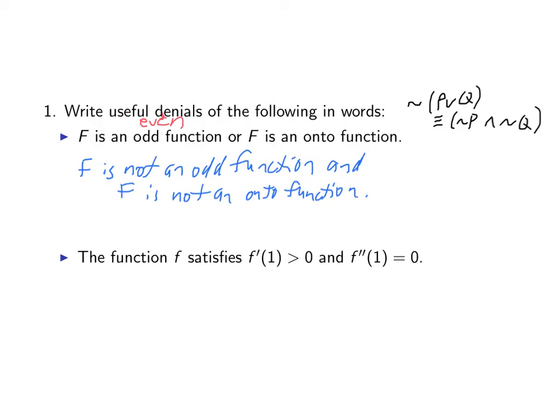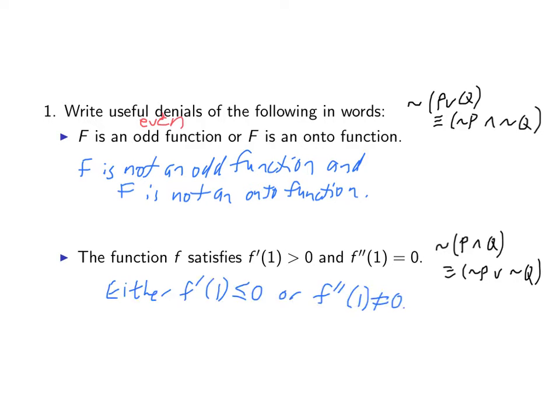Alright, so for part B, we have a similar version of De Morgan's law, namely not (P and Q) is the same as not P or not Q, like this. So the denial of f prime of 1 is positive and f double prime of 1 is 0 should look like this.